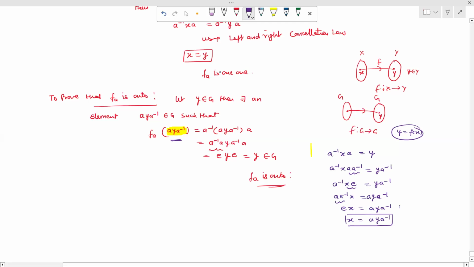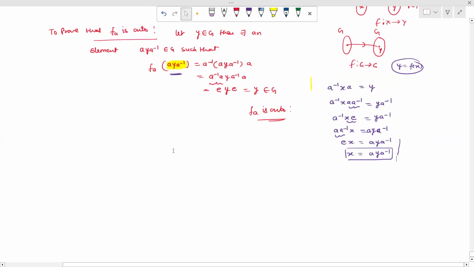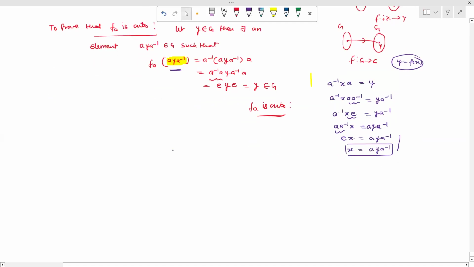Okay, hope you understand. Now, when fa is onto, we shall prove that fa is a homomorphism. So to prove that fa is a homomorphism, again we take two elements.